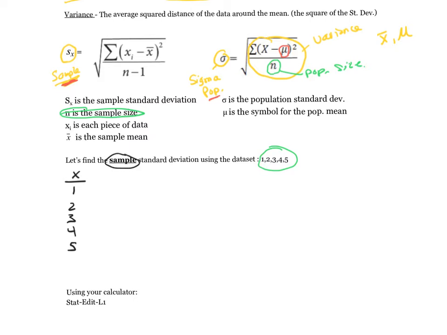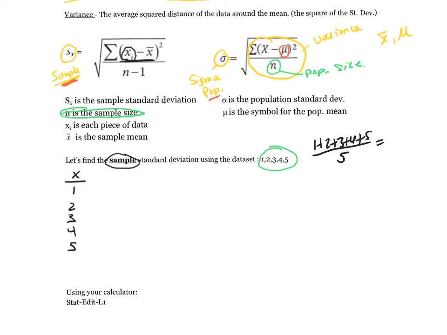So I'm doing the first formula. The first thing we would do is take each piece of data and subtract the mean from it. So I would need to know what the mean is. Part of this is I would have to add these up and divide by 5, because there's 5 numbers.